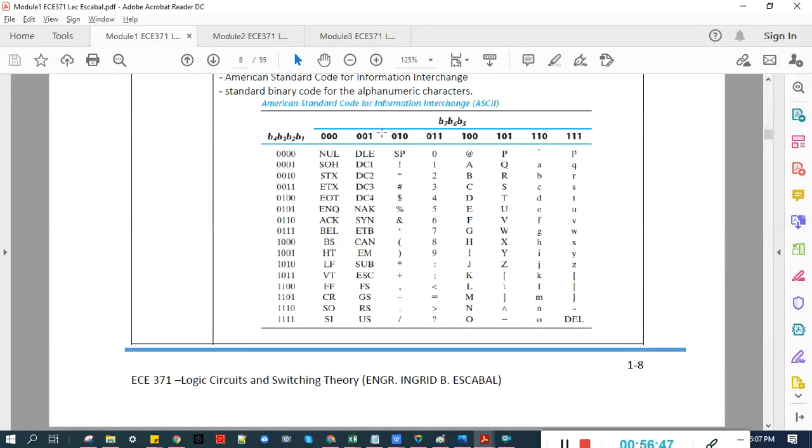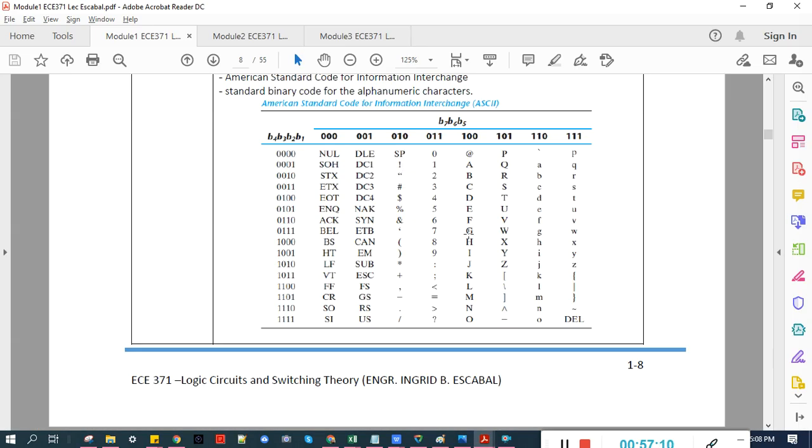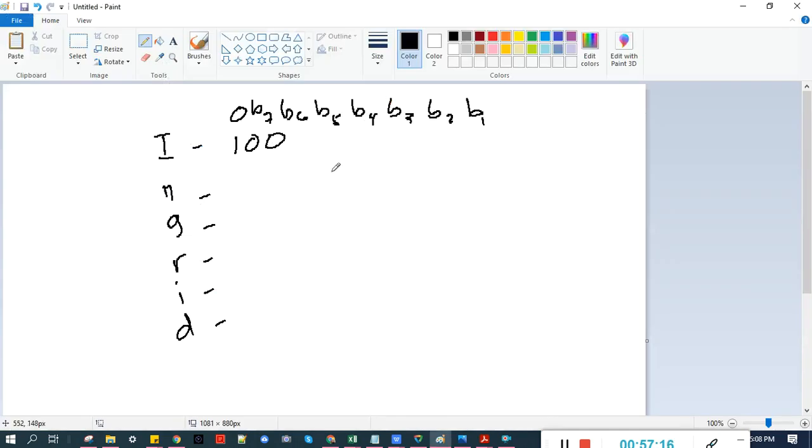These bits here are for bits 4321. So if I write I, that's 100, and then 1001.